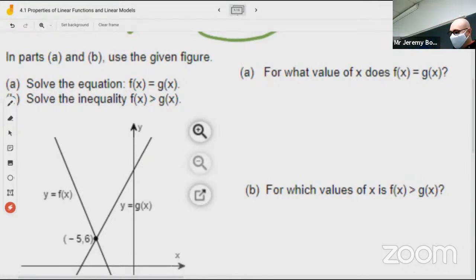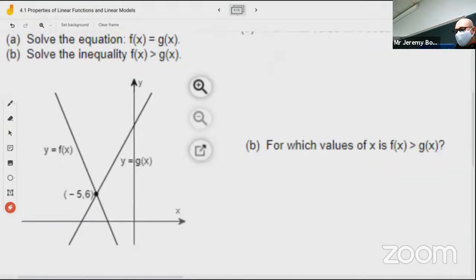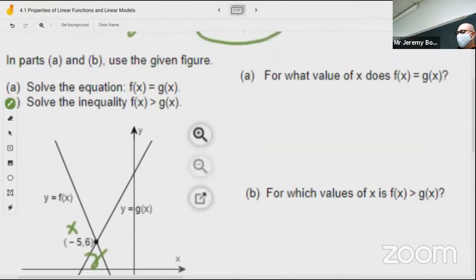Where do they run into each other? And so if we look at this graph, boom, they intersect right here. The x value of that point is -5. The y value of that point is 6. And so if we ask for what value of x does f of x equal g of x, that's going to be x is equal to -5.